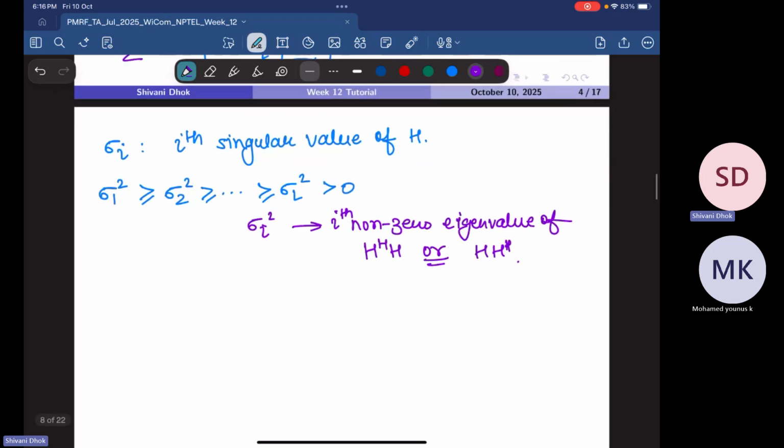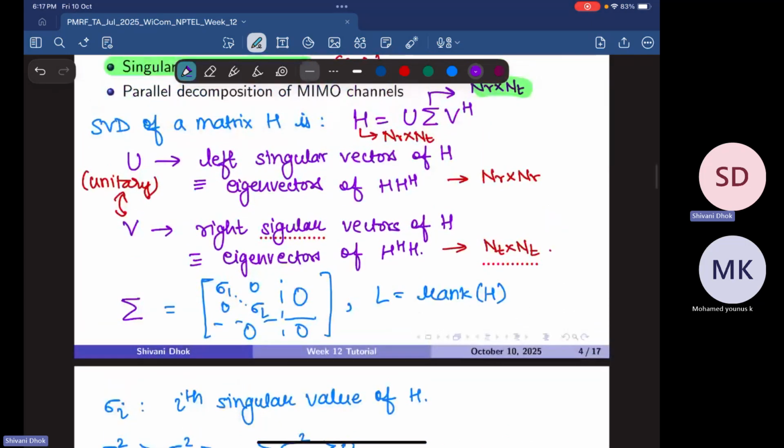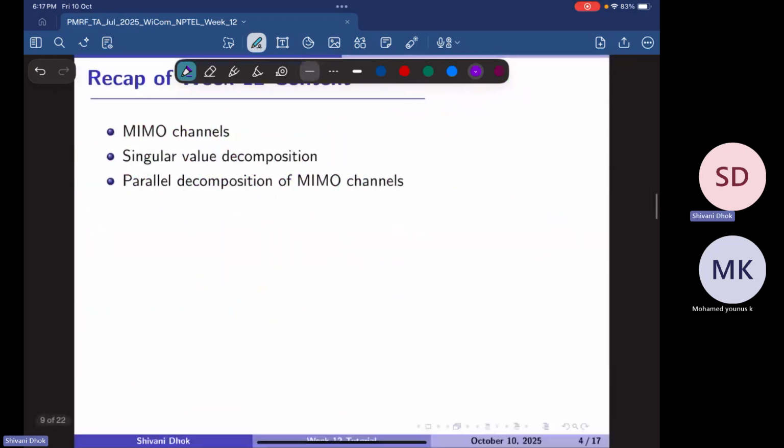So this is essentially our singular value decomposition, and we used it to get something known as the parallel decomposition of the MIMO channel.